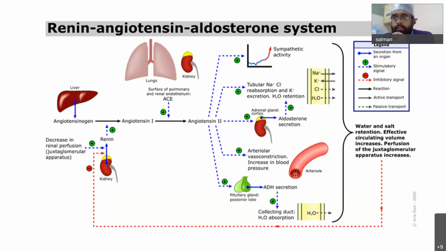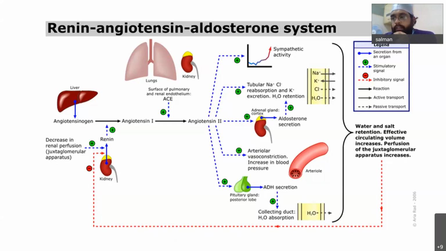All the actions are basically to increase the intravascular volume, and this volume is sensed by the walls of the atria, and the whole renin angiotensin aldosterone system is inhibited by a substance called atrial natriuretic peptide, which is secreted by the walls of the atria in response to stretch of the atria, which means that the patient is adequately fluid loaded.